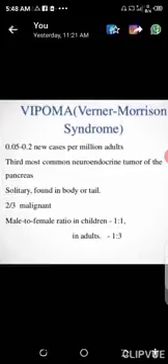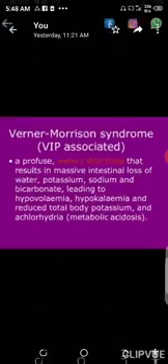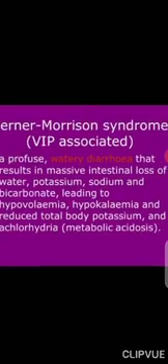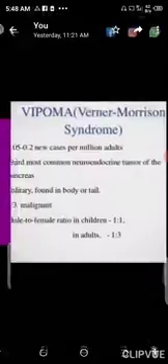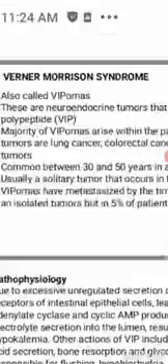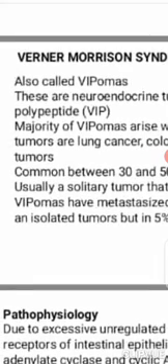All right. Another thing that you should know about this VIPoma is the fact that the presentation is actually as a result of VIP that is produced in excess. Now, when you have this at the back of your mind, then it will be easy for you to understand what VIPoma is.